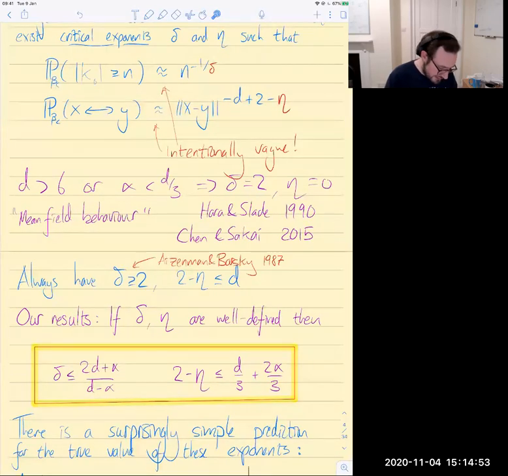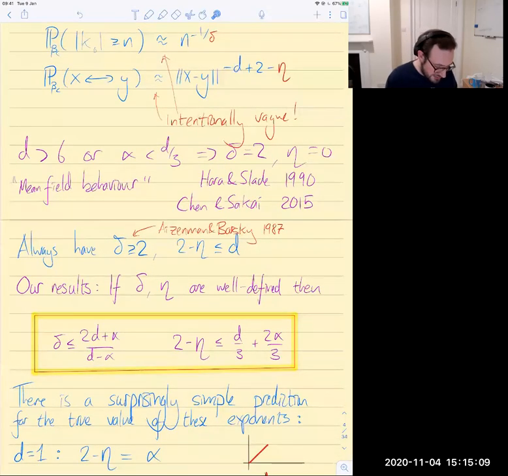In fact, we always have that the probability at criticality of having size at least n is lower bounded by a constant over root n on any transitive graph or long-range model, by a result of Aizenman and Barsky. So in fact, delta is always at least 2 if it's well defined.